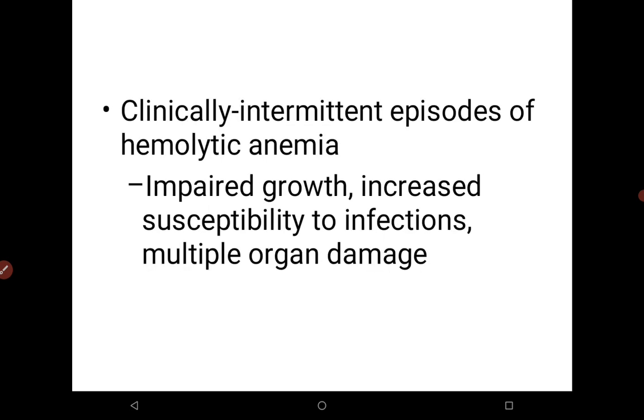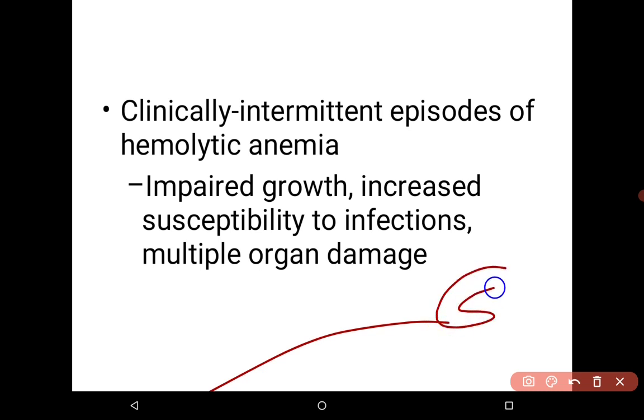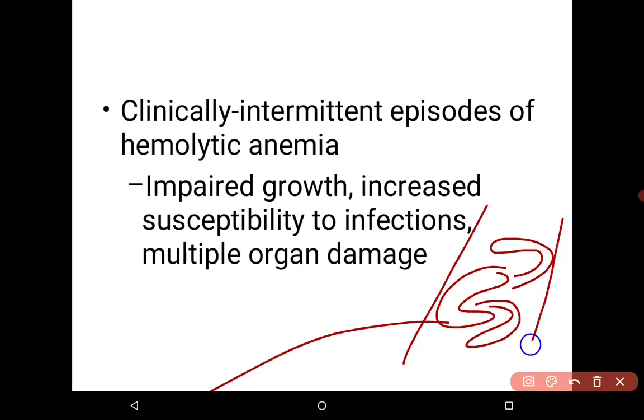Some clinical presentation: intermittent episodes of hemolytic anemia. The red blood cells end up having a sickle shape, so it's easy for one to stack on the next one, and this happens in the blood vessel.